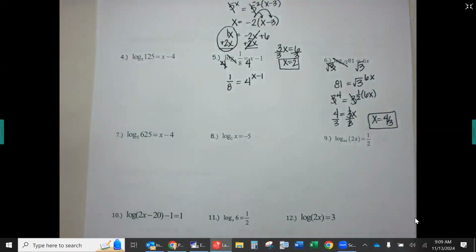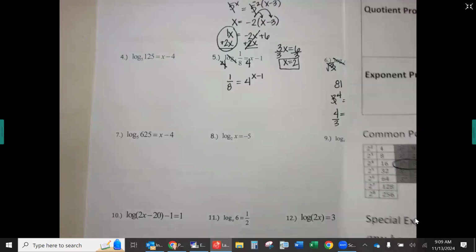Okay, from here, you need the 8 and the 4 to be the same base. So look in your 4's chart. Do you ever see 8 in that chart? No, then you have to find another chart that they both are in. So if I can't use 4, what base are 4 and 8 both in? The 2's chart, very good.